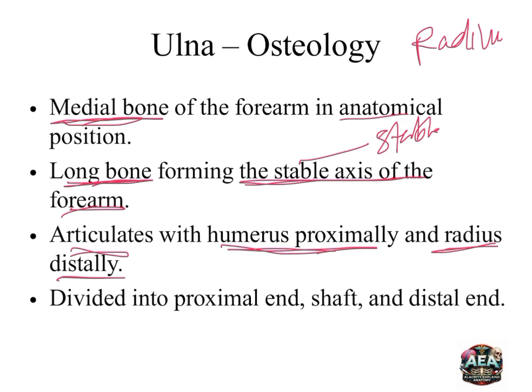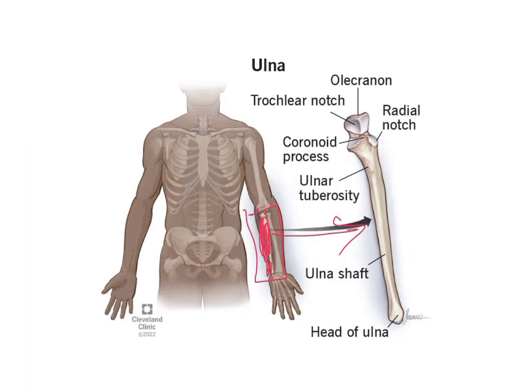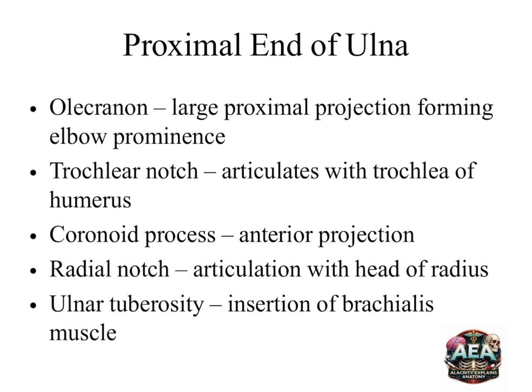While for the ulna, it articulates with the humerus and the radius proximally, while distally, it articulates only with the radius. It's divided into a proximal end, a shaft, and a distal end. This is our proximal end, this is our shaft, and this is our distal end.